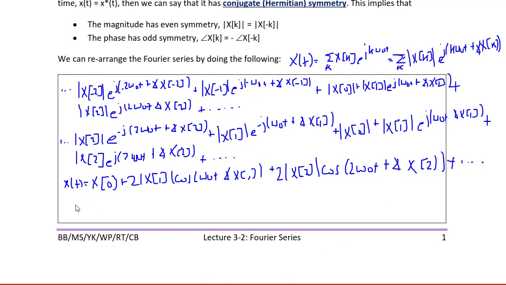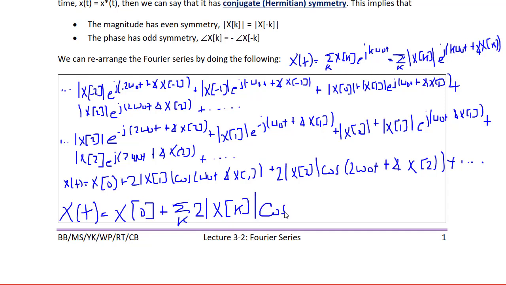Or in compact form for my cosine, x of t is equal to x of 0 plus the summation from k equals 1 to infinity of 2 times the magnitude of x of k, cosine k omega naught t plus the angle for x of k.